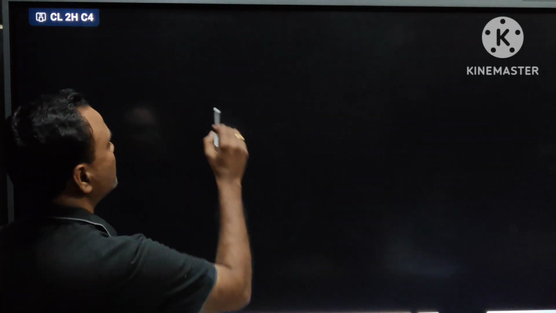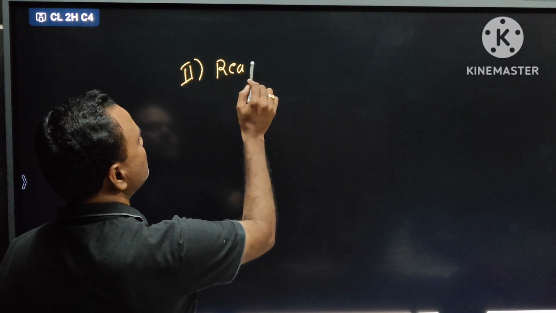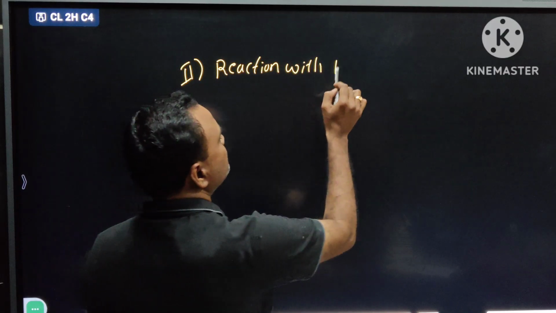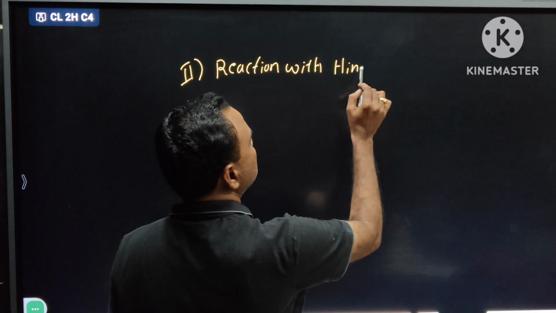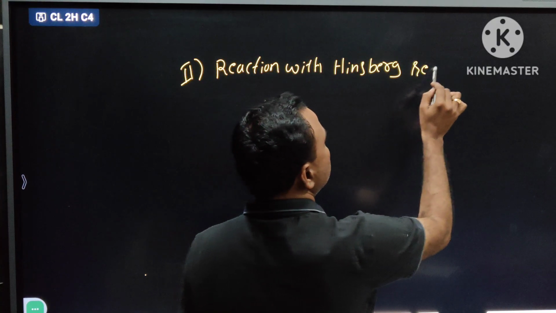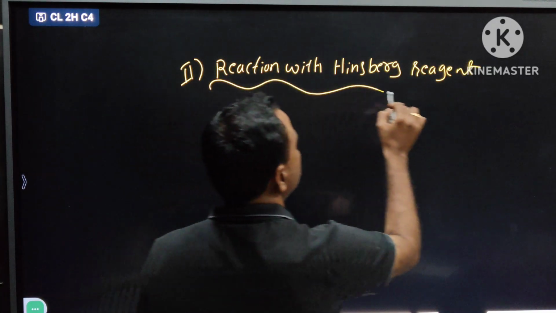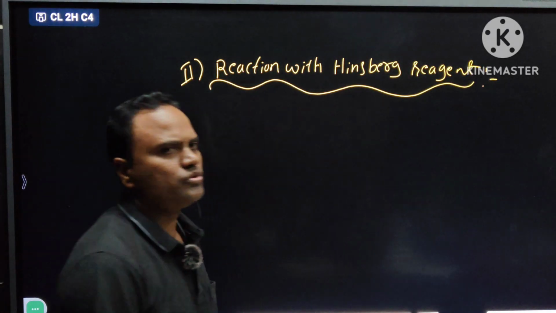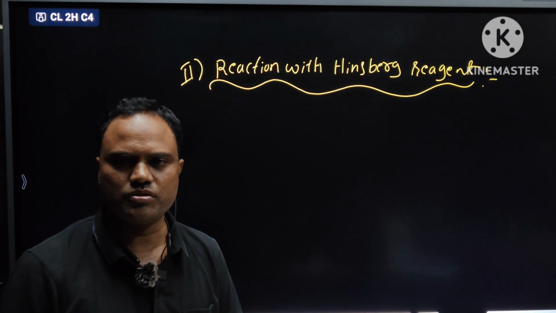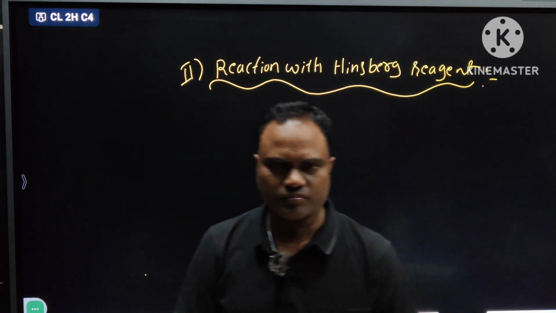Right. Second property, reaction with Hinsberg reagent. This is also used to distinguish primary, secondary, tertiary amines. Hinsberg reagent, very important.